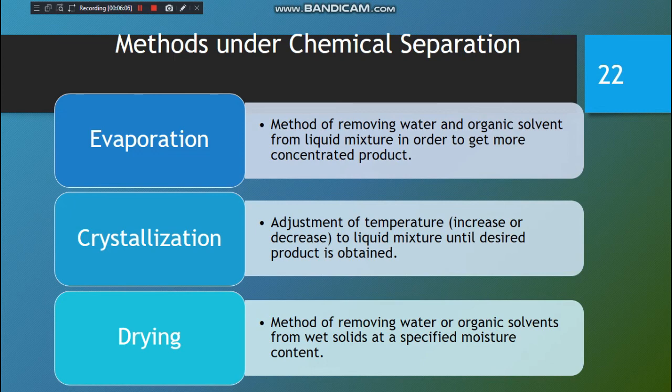And next we will move to the drying process, where the drying process definition is the method of removing water or organic solvent from wet solid at a specified moisture content. So basically there is a brief description of the drying process concerning the principles and concept of drying, which is that drying generally means removal of a relatively small amount of water from material.